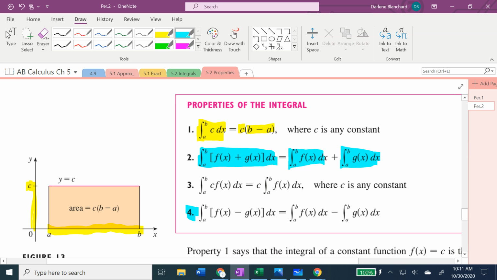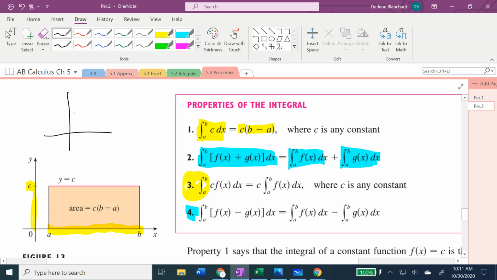And then we've also seen the constant multiple rule. But realize that you can actually view these rules from a viewpoint of area instead of the antiderivative viewpoint. So if you have some function, right now I'm going to talk about number 3.